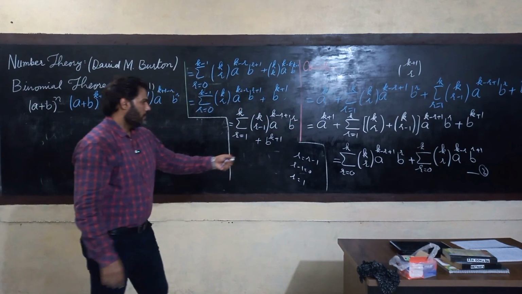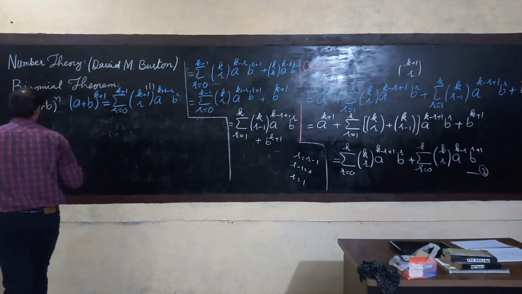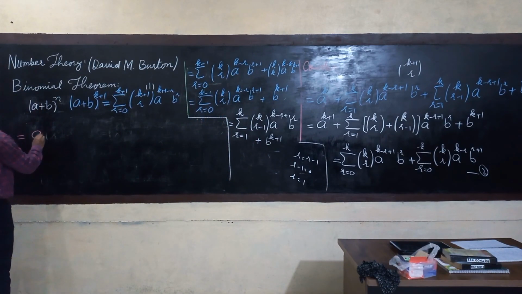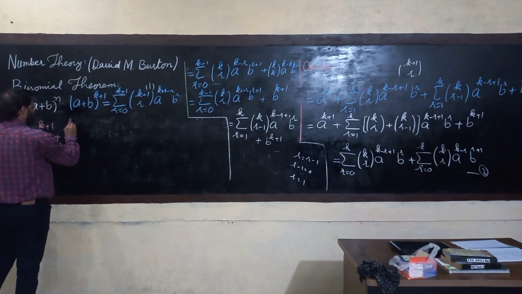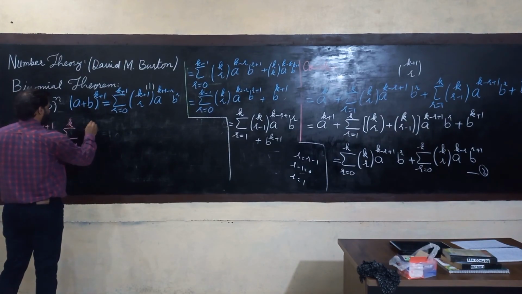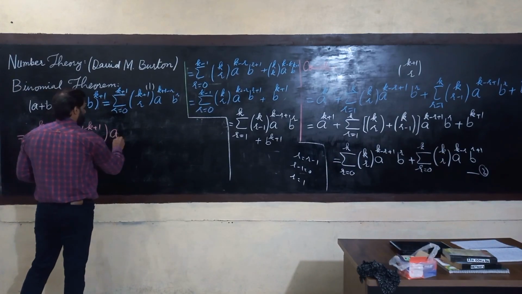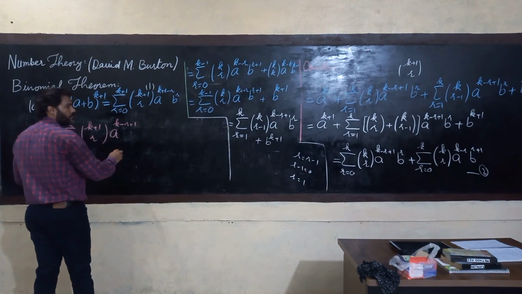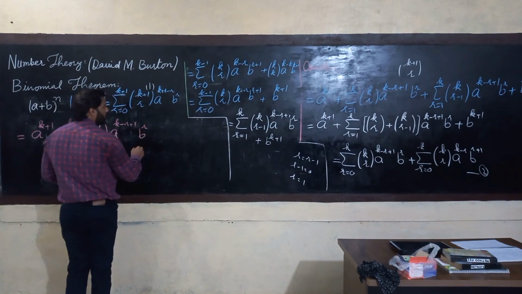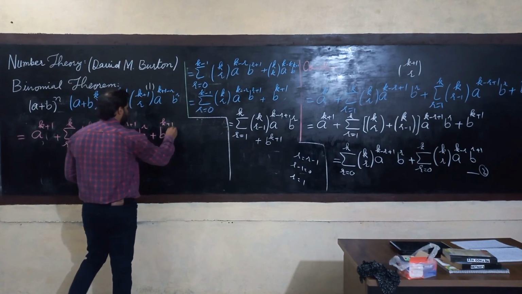So this last sum is equal to a raised to power k plus 1 plus summation r is equal to 1 to k, k plus 1 choose r, a raised to power k minus r plus 1 into b raised to power r, plus b raised to power k plus 1.